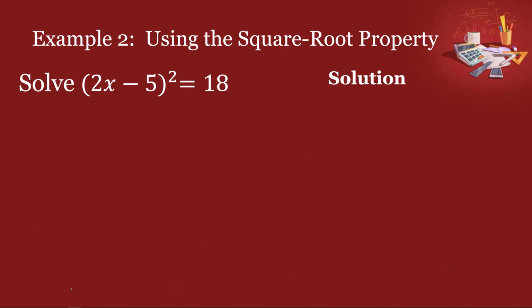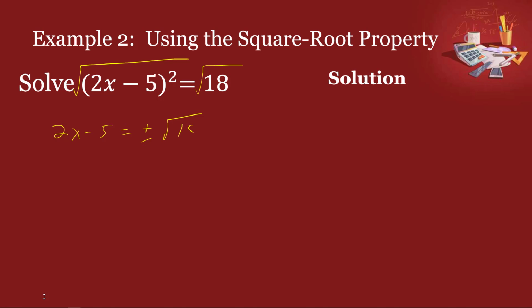As an example, here we have 2x minus 5 squared is equal to 18. Now to solve this, we are going to take the square root of both sides. And if we do that, we will have 2x minus 5 is equal to plus or minus the square root of 18.